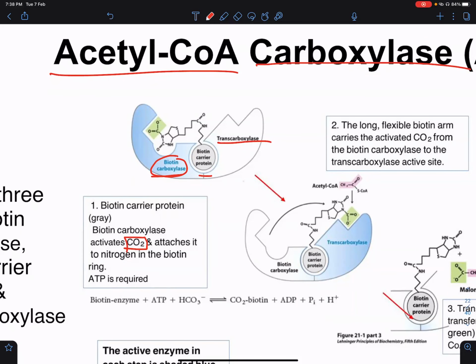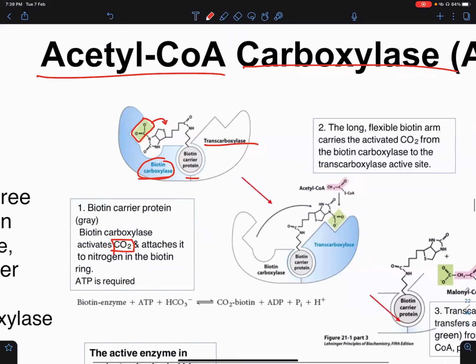So all it's doing is adding a carbon dioxide to the biotin. As you can see in the figure, it's just adding this green part to the biotin. Biotin is this ring structure, all of this is biotin. So all it's doing is adding the carbon dioxide to the biotin ring.